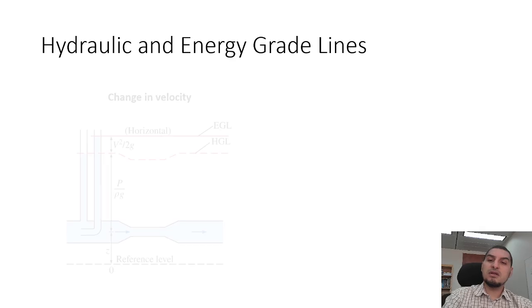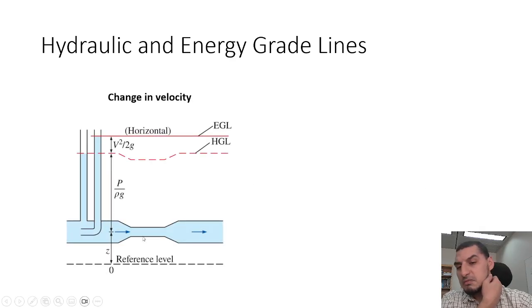For the hydraulic grade line and the energy grade line, this is one thing that is nice about these grade lines. You can see here, this is the energy grade line, this is the hydraulic grade line, the dotted one, and this is the P over rho g, and this is U square over 2g. And then you see that the area is decreasing, so the velocity increases.